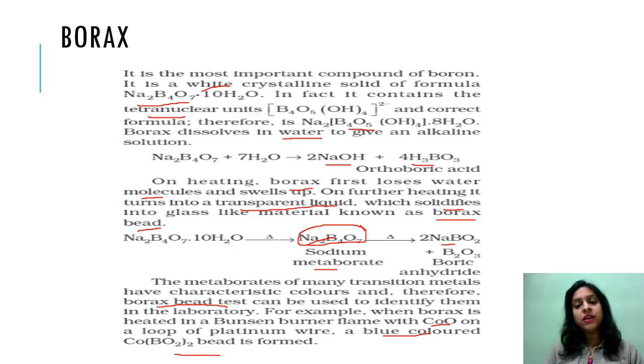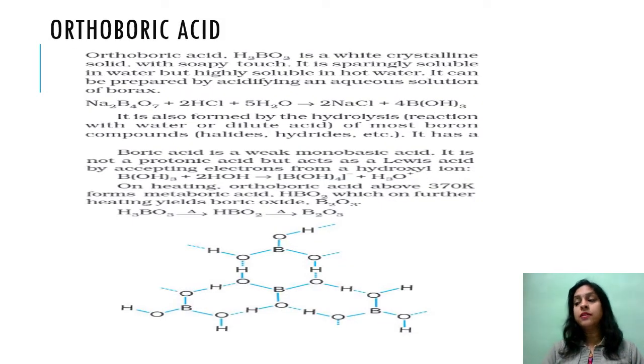So different transition elements when heated with borax in a Bunsen burner flame on a platinum wire loop form different colors of beads. So that's why it is also used as the borax bead test, to identify the different characteristic colors of transition metals.